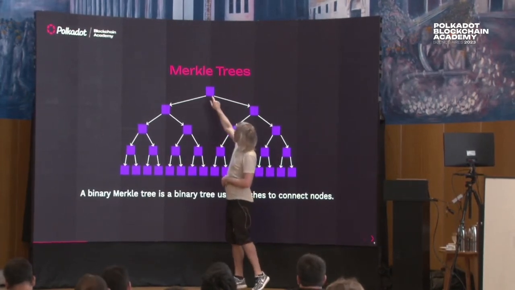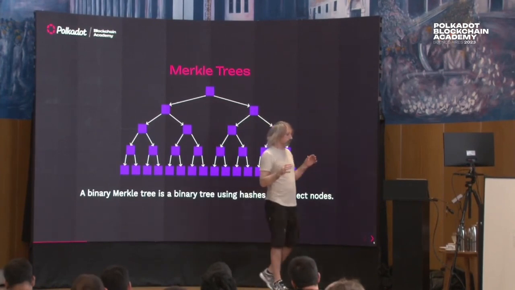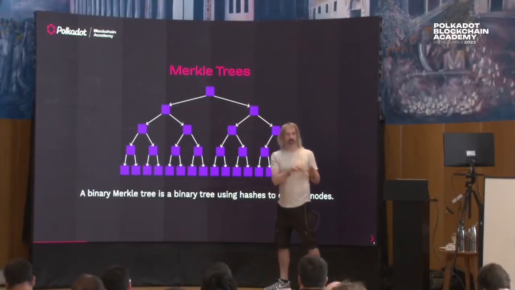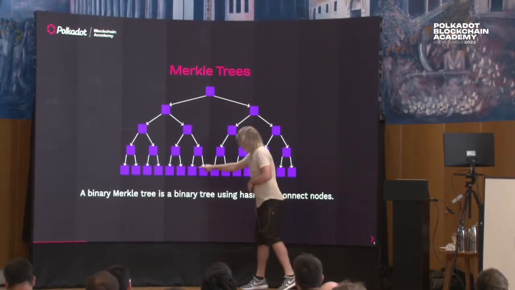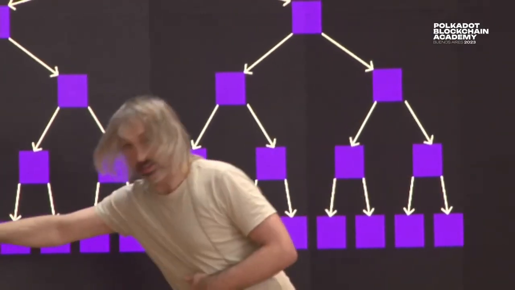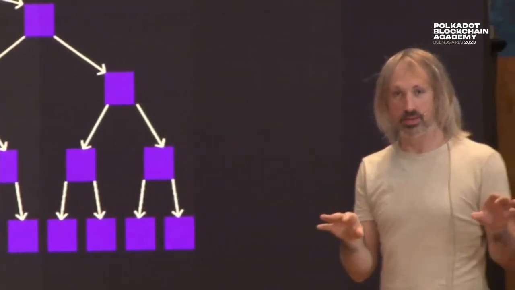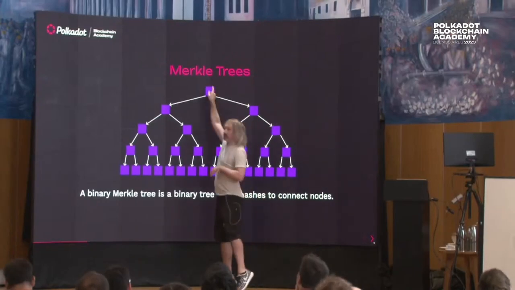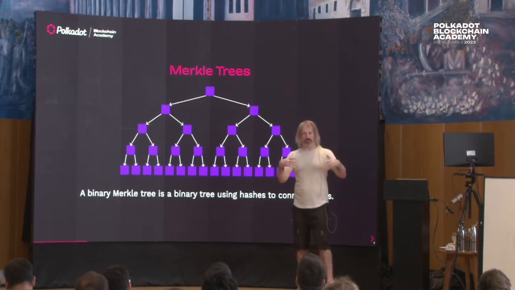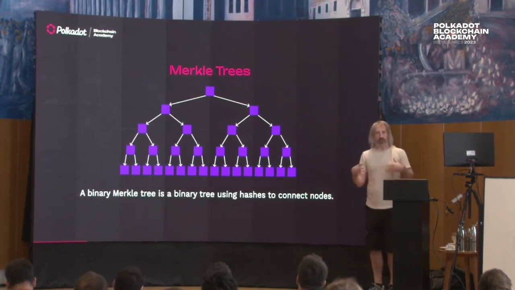If we assert our tree has a root hash of X, whatever that is, we are asserting that its leaves have values of A, B, C, D, E, whatever the values of these things are. There is no other tree that could have a hash of X. There is only one, because of how we've defined our hash function. It's a secure hash function, so there's a one-to-one relationship in practice.